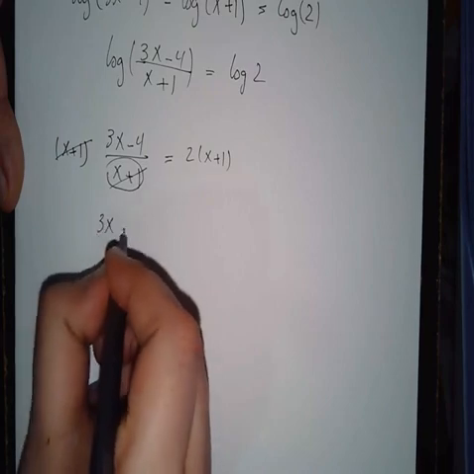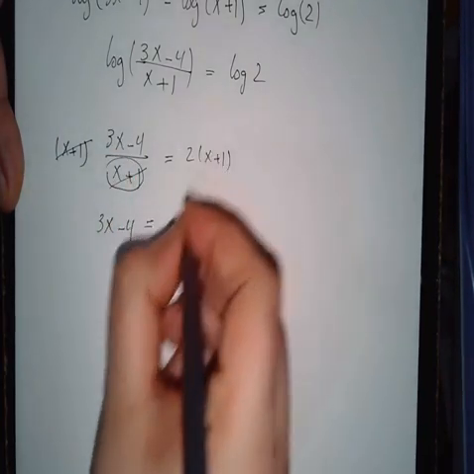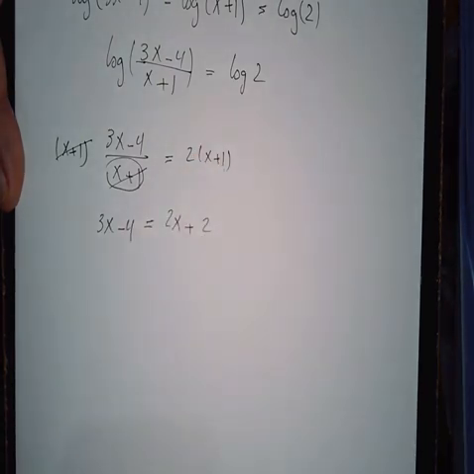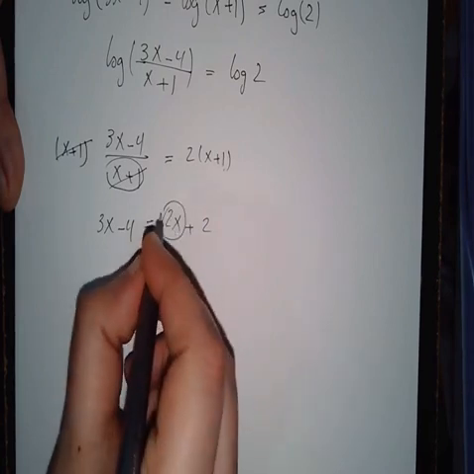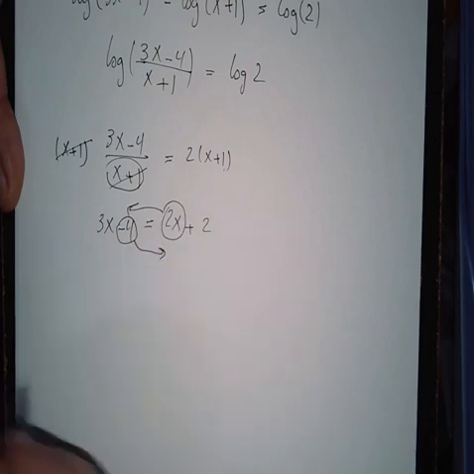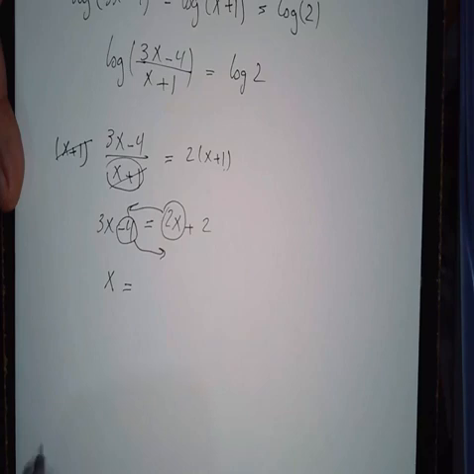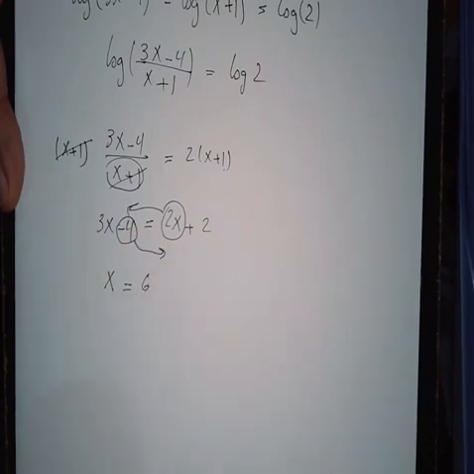So 3x minus 4, which is the top, equals 2 times x plus 2. Now, combine like terms, so 2x goes here, and the negative 4 goes here. This turns negative, and the result is just an x. This turns positive, and the addition gives you 6.